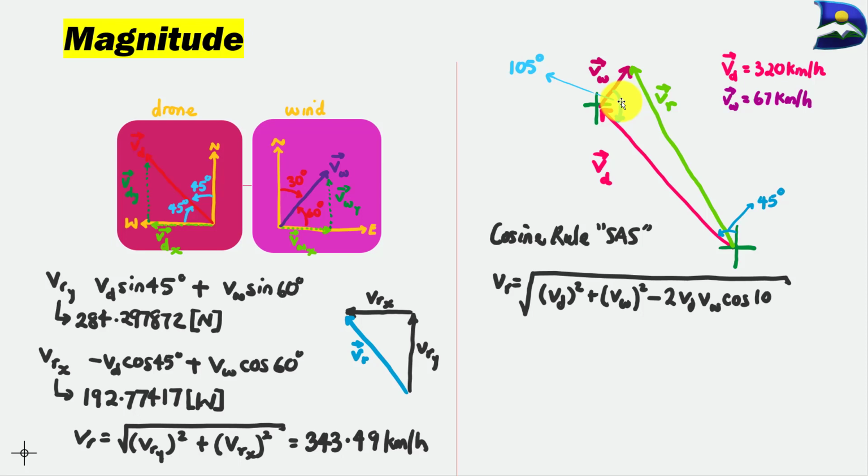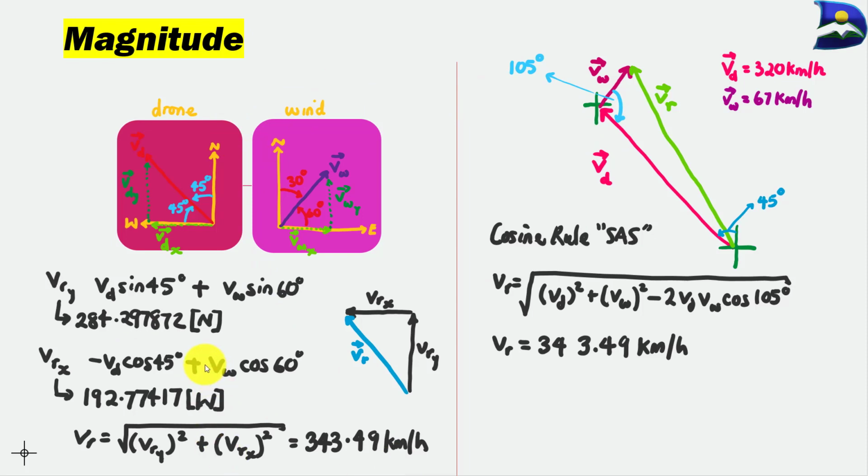And once you put the specific numbers in here, we're going to get our VR, which is the resultant vector, to be equal to 343.49, which is amazing because it is identical or pretty much the same as this strategy right over here. So this is how these two strategies compare to each other.